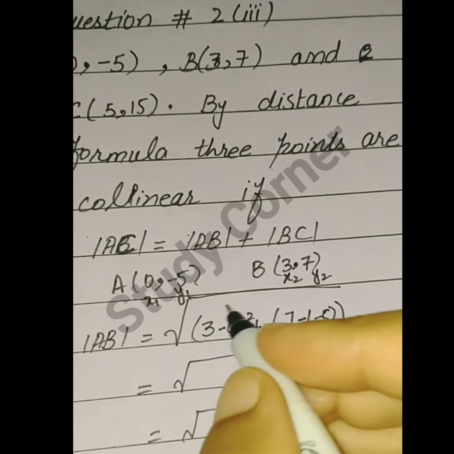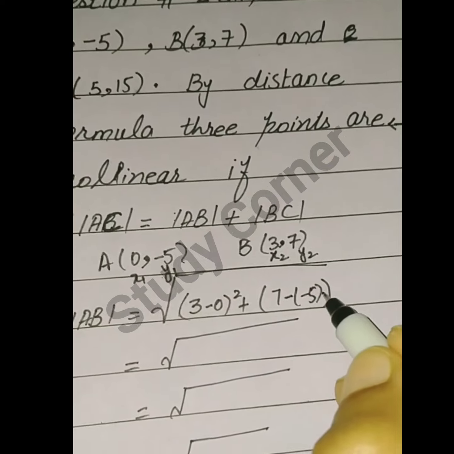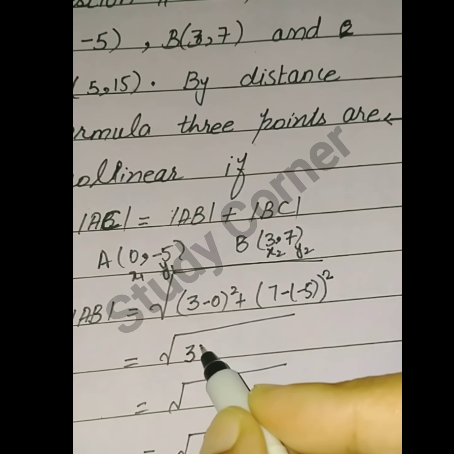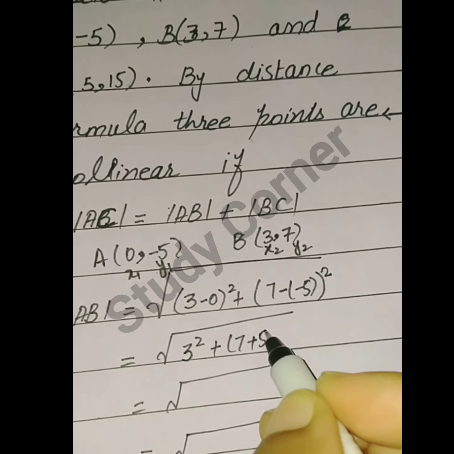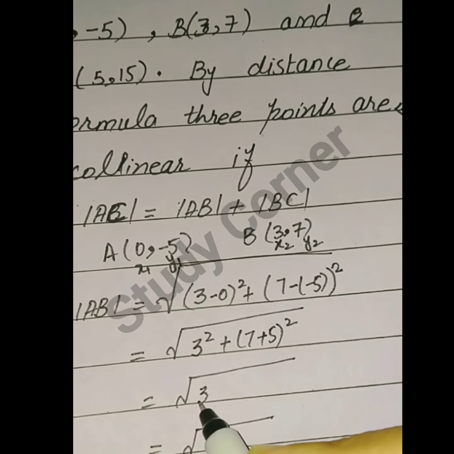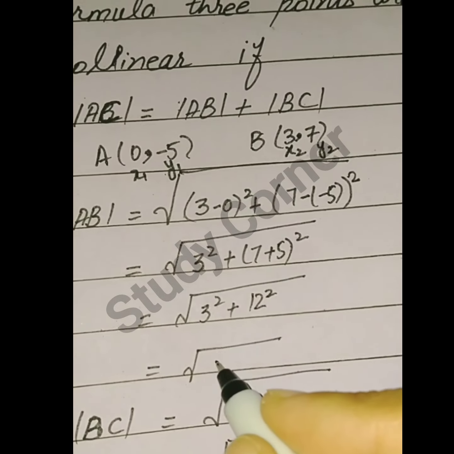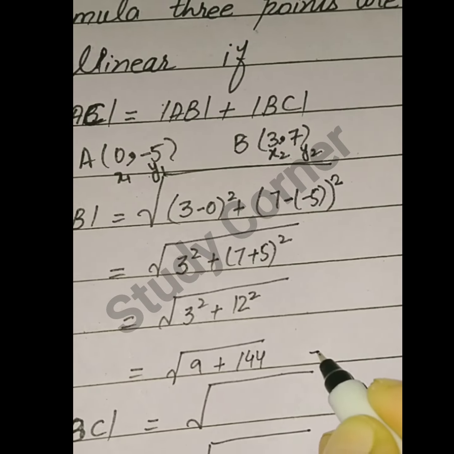We use a double bracket because the negative sign will change this. So you get 3 square plus 12 square, which is 9 plus 144.